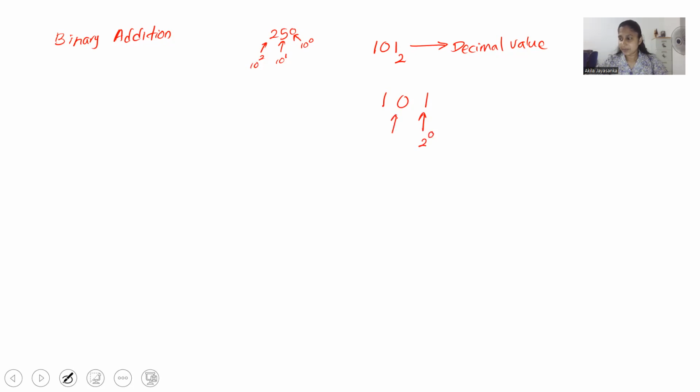This place, 2 to the power 1. This one, 2 to the power 2. Very good. This is the place value of this binary number.